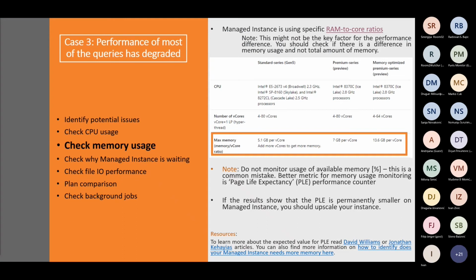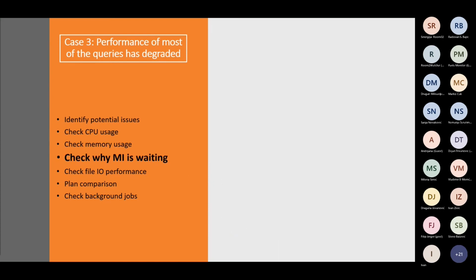Okay, going back here. To learn more, here are some resources at the bottom of the slide. And now we are going to the wait statistics. Wait statistics in managed instance are an easy way to troubleshoot performance differences because they are telling you why the database engine is waiting for some resources instead of executing the workload.